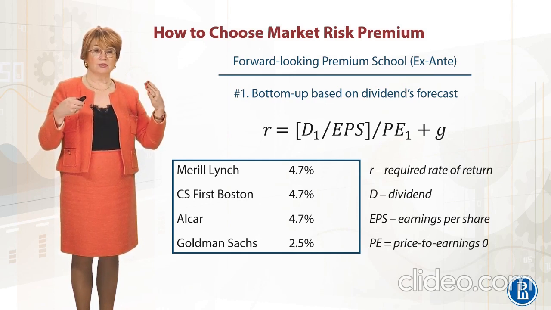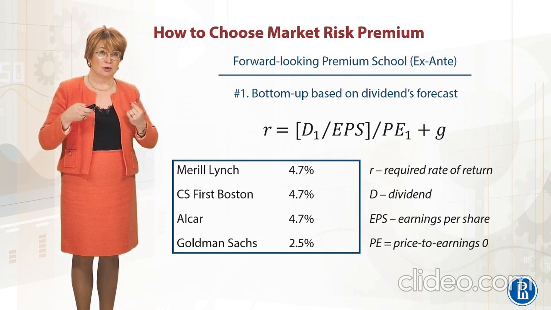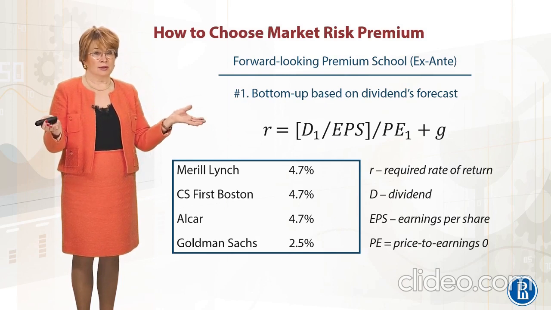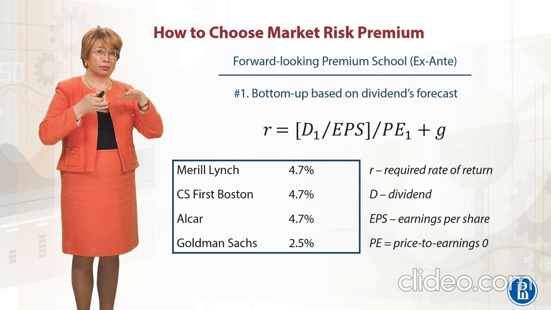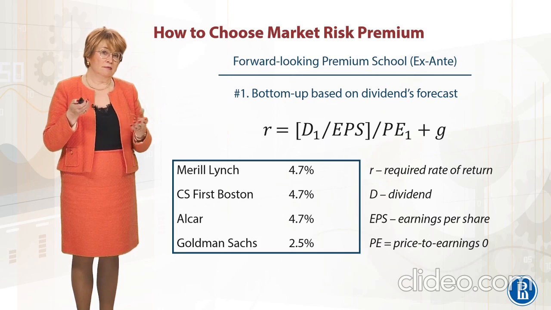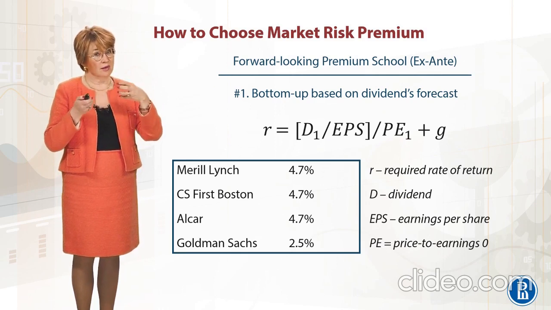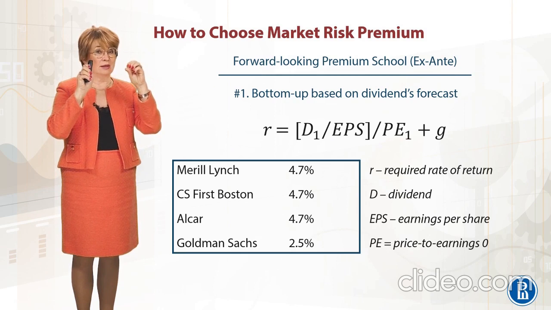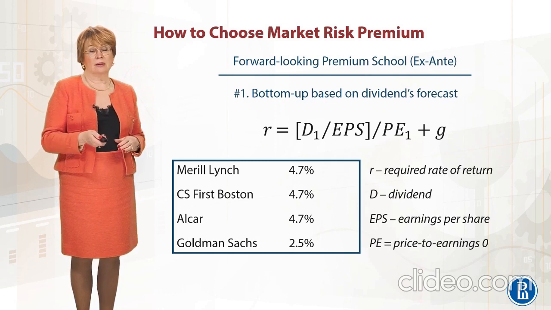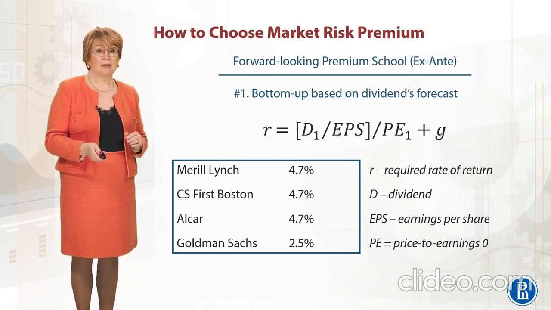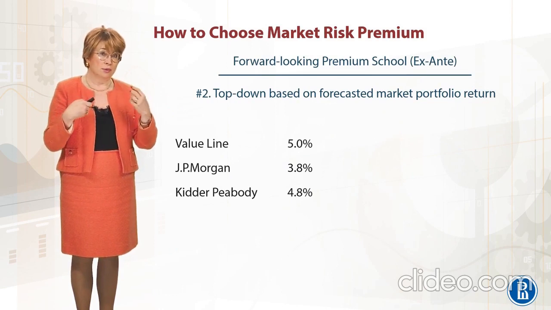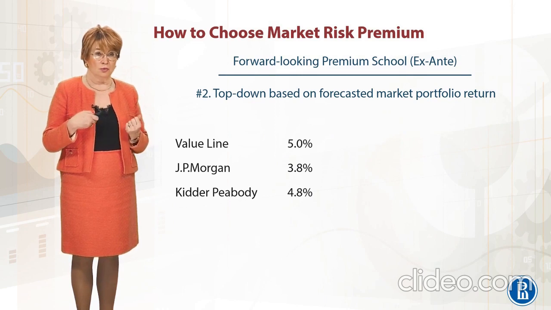So they are forecasting R, or required rates of return, company by company. And then they are just collecting them, that's why it's called bottom-up, from different companies up, making the index, and finally deriving the value for the overall index for the future, but starting from the forecasts of different companies from the bottom.